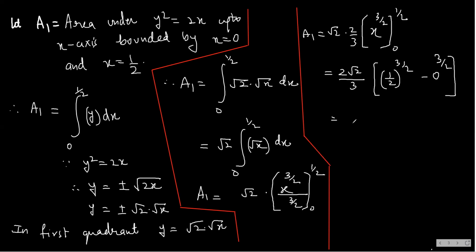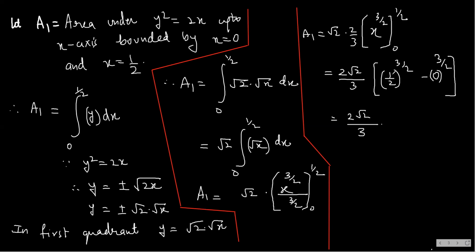This is 2 root 2 upon 3 into, 0 raised to 3 by 2 is 0, and half raised to 3 by 2.